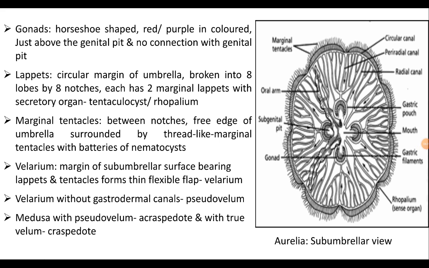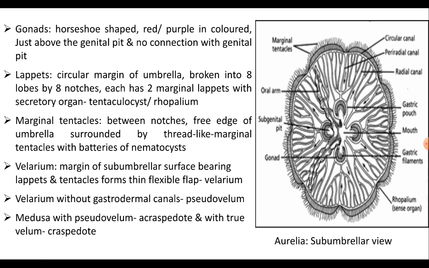Between the notches, the free edge of the umbrella is produced with a row of numerous small, delicate and hollow thread-like structures called marginal tentacles, which bear batteries of stinging cells, that is the nematocysts. The margin of the subumbrellar surface bearing lappets and tentacles forms a thin and flexible flap called the velarium or pseudovelum.